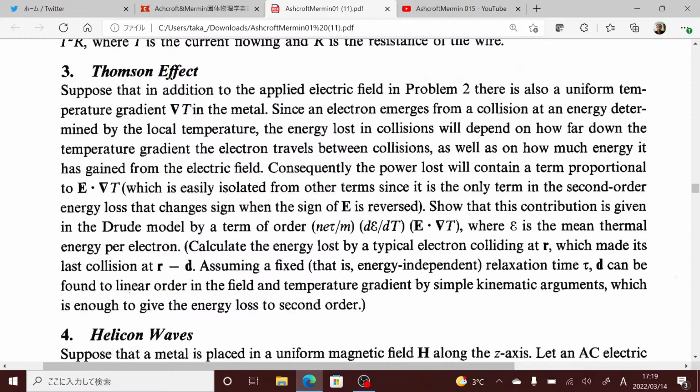proportional to E dot nabla T, which is easily isolated from other terms since it is the only term in the second order energy loss that changes sign when the sign of E is reversed.